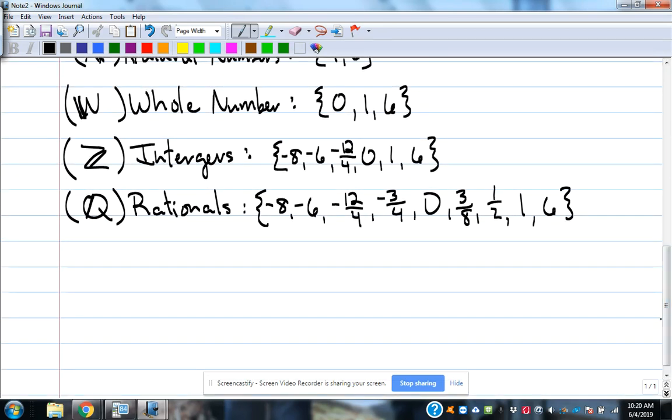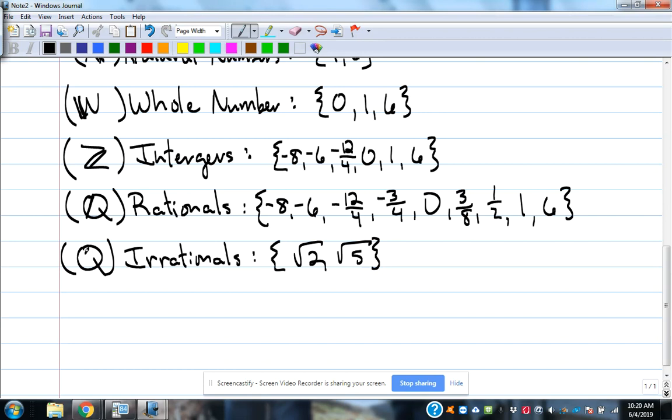Now, the other set that existed that we didn't do much with here was the irrational set. And irrationals, what are the only numbers we didn't use out of that set A? Yeah, square root of 2 and square root of 5. Those are irrational. The notation for irrational is just the Q with a slash through it like that. That's irrational. It means it's not rational. If you're irrational, you're not rational. That's the idea of that. You don't do a whole lot with irrationals as far as classifying sets.